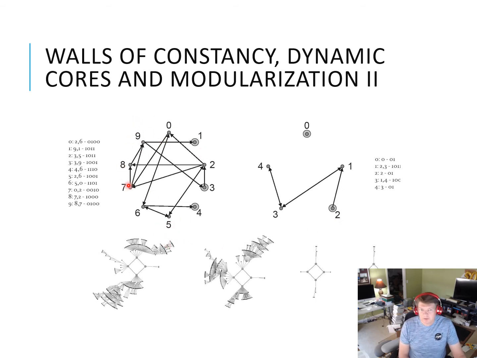Why do we need all these other nodes in here? What do they give us? They're not contributing to the function. We can create a network with the same function using just the dynamic core. So why spend time and effort maintaining a network that's considerably larger? The original network is twice the size of its dynamic core, which, as I said, is functionally equivalent.